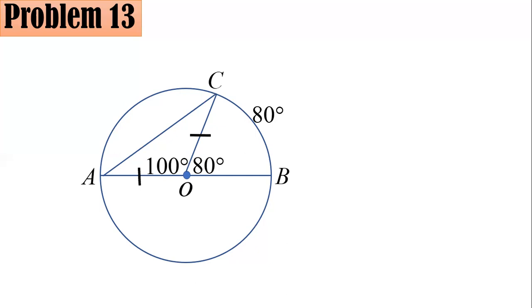So therefore, since AO and OC are equal, what kind of triangle is AOC? Isosceles. Very good. And since it is isosceles, therefore we could say that these two angles, the angle OAC and the angle OCA, are base angles. And we know that base angles of an isosceles triangle are congruent or equal in terms of measure.